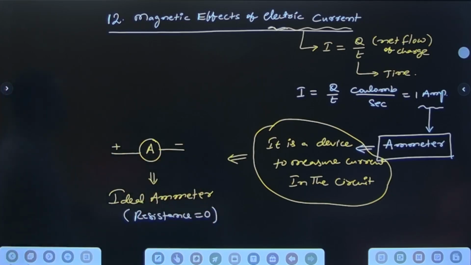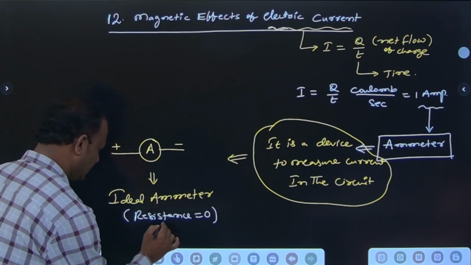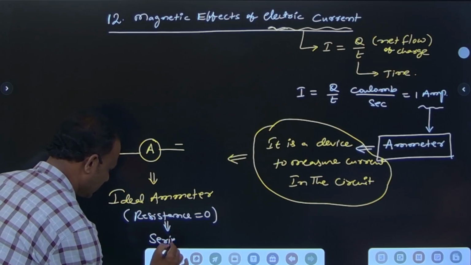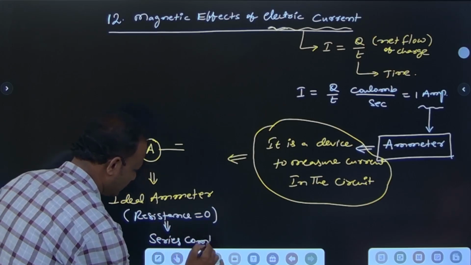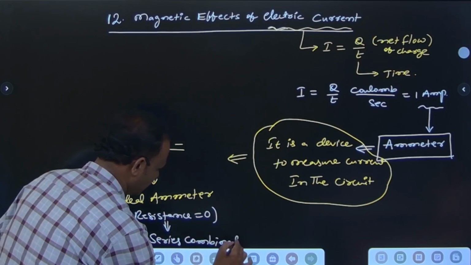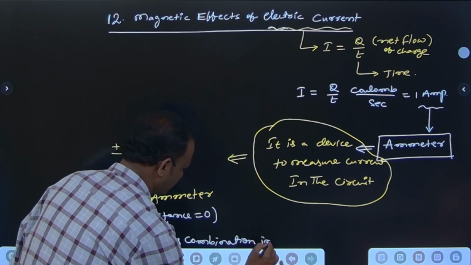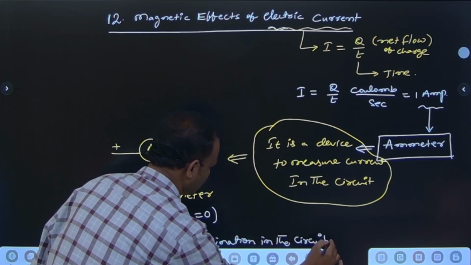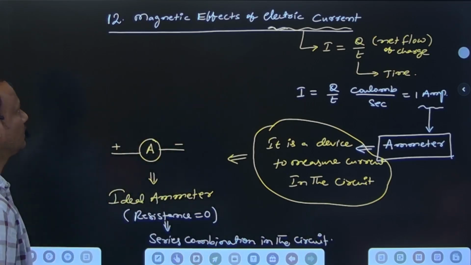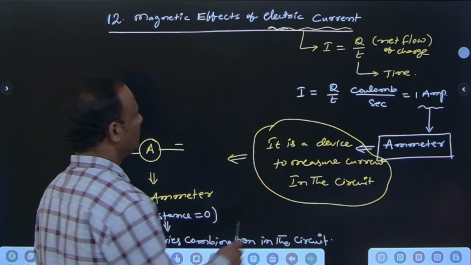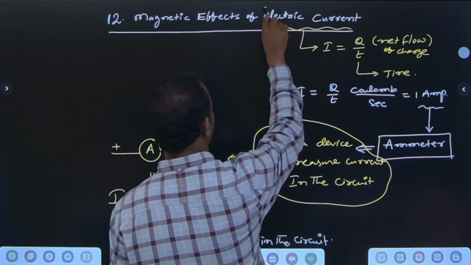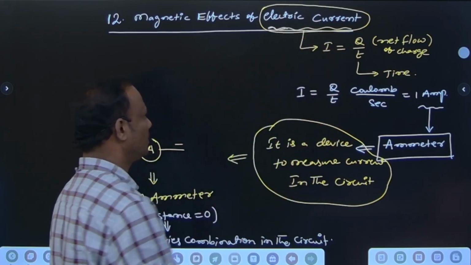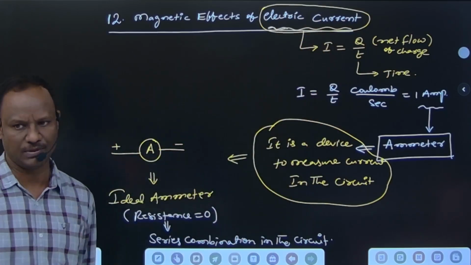And how is the ammeter connected? It is connected in series combination in the circuit. So the related information about electric current we have completed.